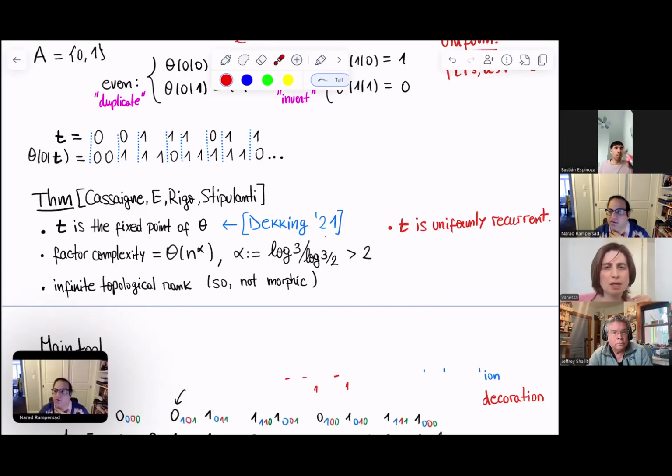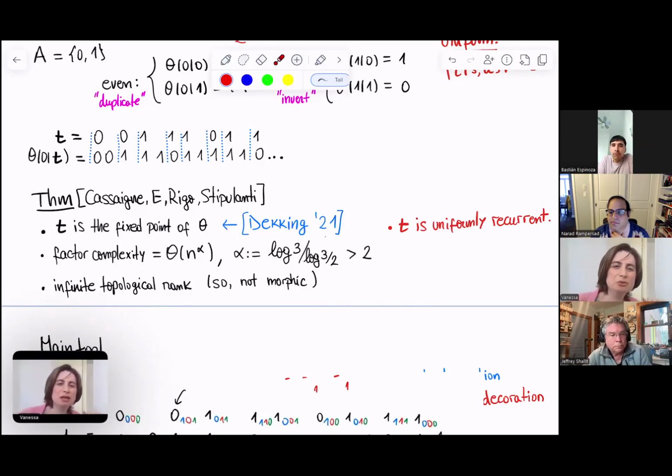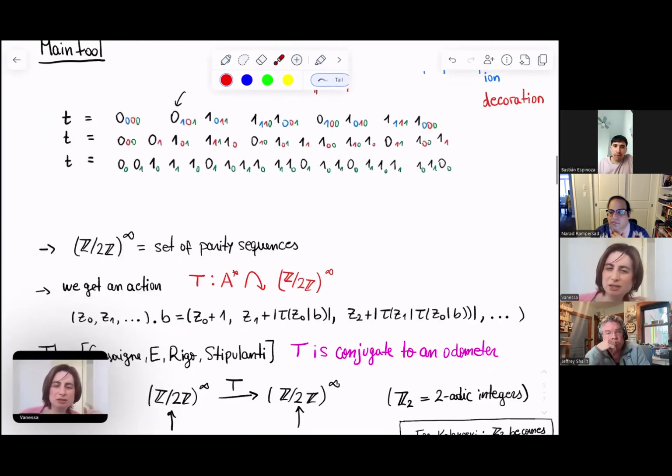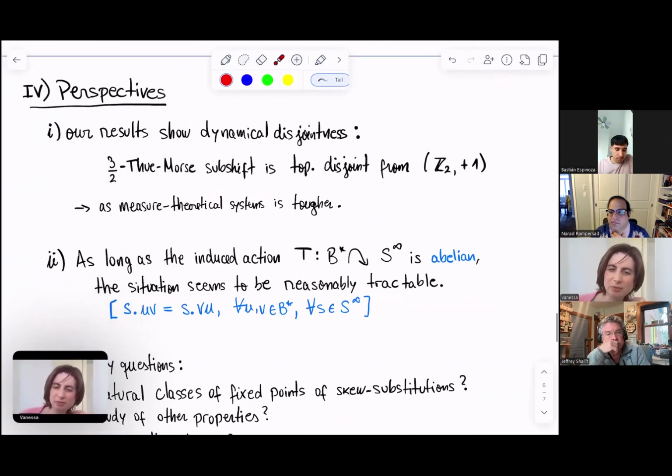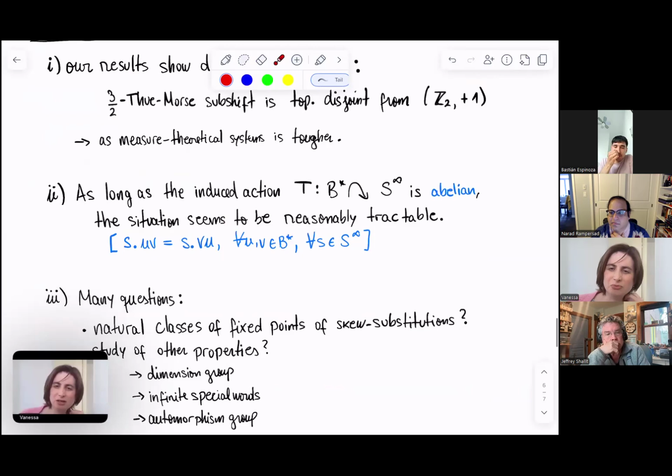Are there other questions? So I have a small question. In the end, you mentioned that you think the situation is tractable when the action of B star and S infinity is abelian, so not just the action on S, but the action of S infinity. Maybe I'm misunderstanding what's happening here, but it seems to imply that your action doesn't depend on the actual letters.